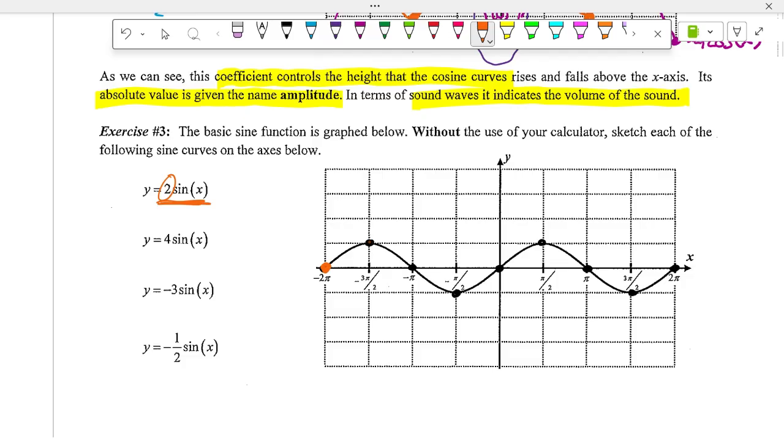What's the new one? 2. Y value 0? 0. -1? -2. And then guess what? Once you get the pattern, you just repeat it. So 0, 2, 0, -2, 0. Once you can get one period, it's just repeated patterns. So this is the first graph.